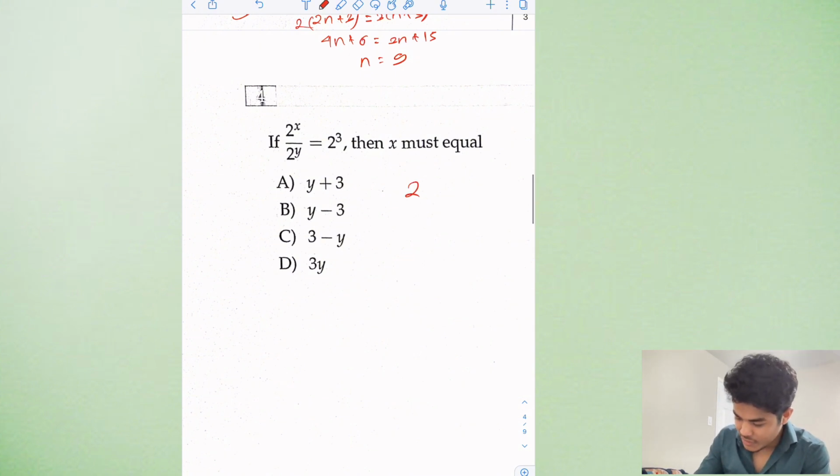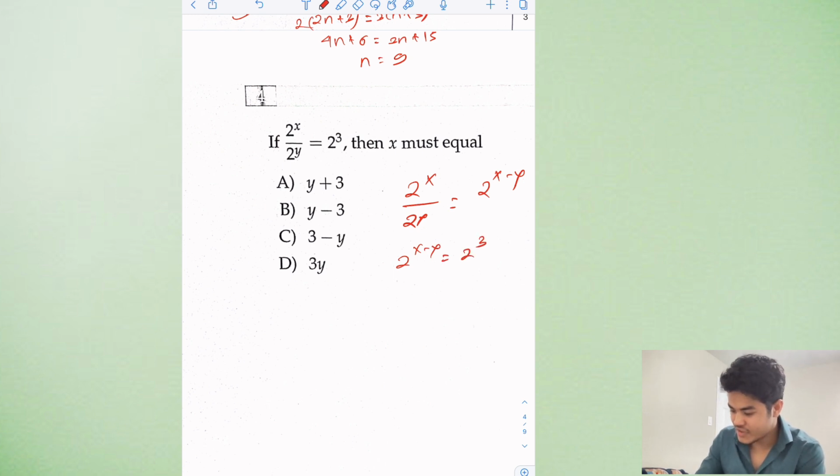We can write this term like this: 2 raised to x minus y equals 2 cubed. And if their bases are the same, their exponents are equal. So x minus y equals 3, and x equals 3 plus y. So our final answer is A.